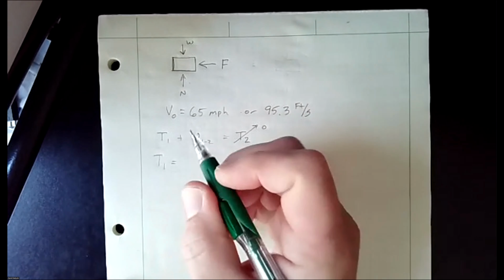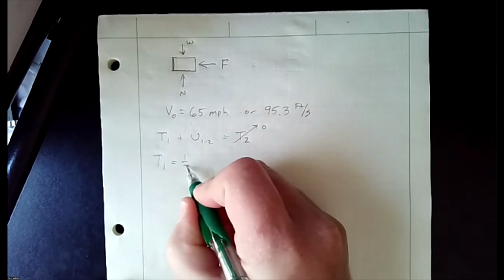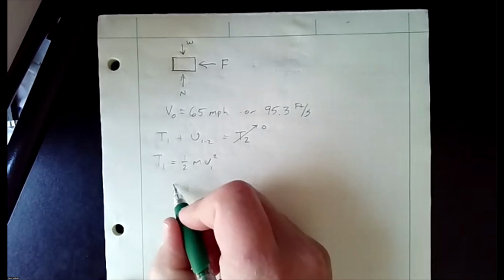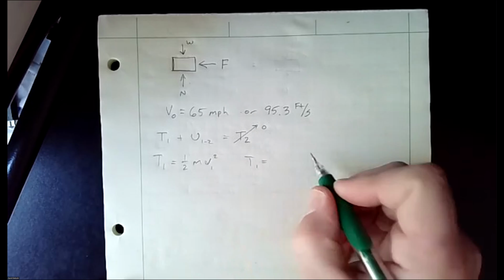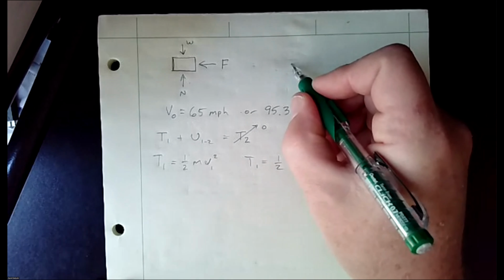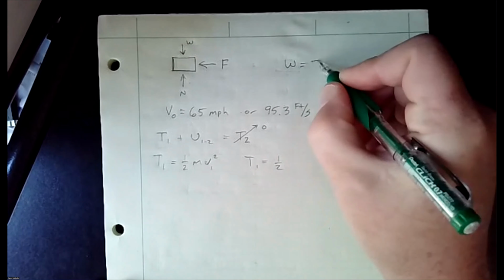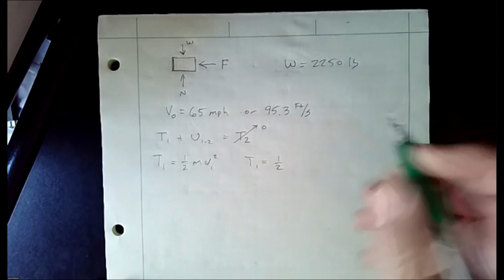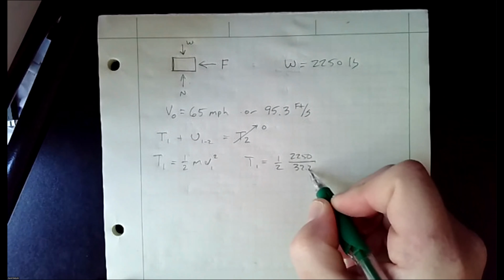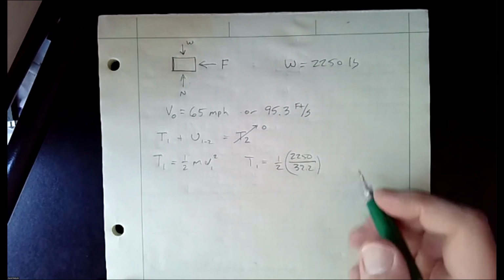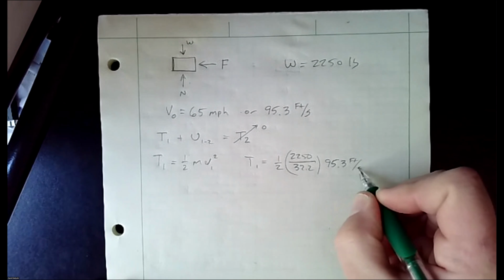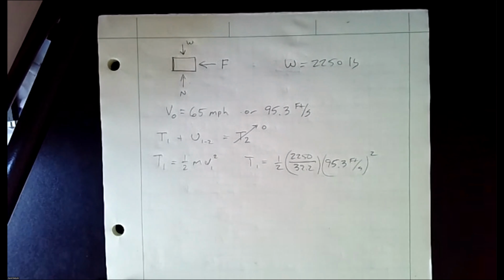T1 is just equal to 1/2 mv squared, or T1 equals 1/2. And we know that the weight of the car was 2250 pounds. So that's going to be 2250 divided by 32.2 because we need mass, and then multiply that by our 95.3 feet per second, squared.